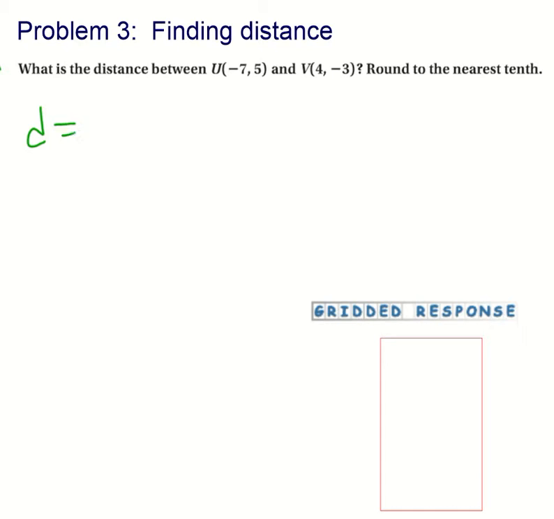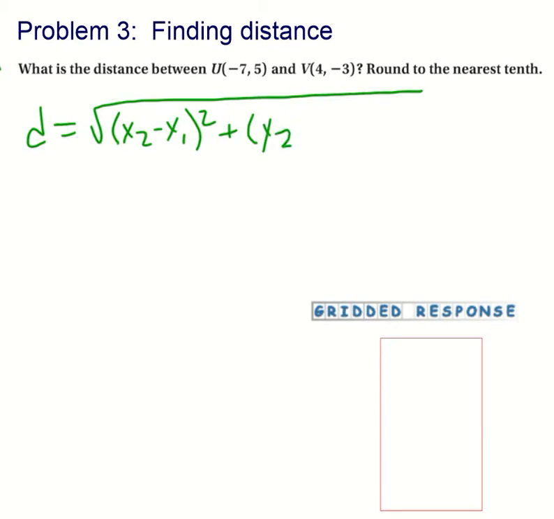So distance equals the square root of x2 minus x1 squared plus y2 minus y1 squared. Really, all the work you do with the distance formula is just plug in values. So D equals, well, we're going to call this first ordered pair 1 and the second ordered pair 2.